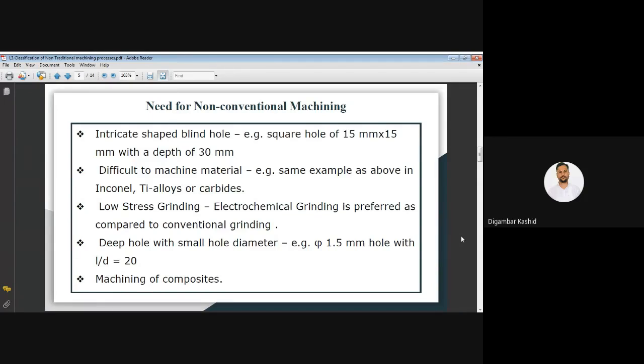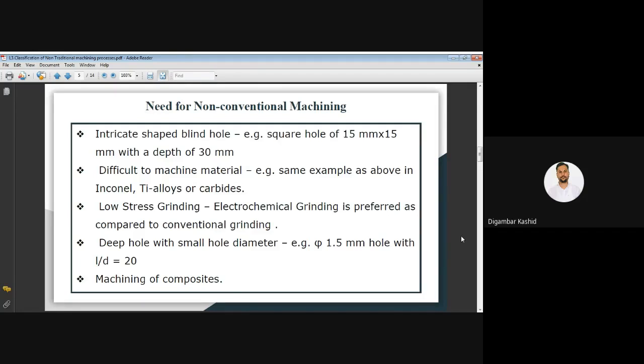Now, as we know, our conventional machines are specific to the requirements of industry over the last decade.